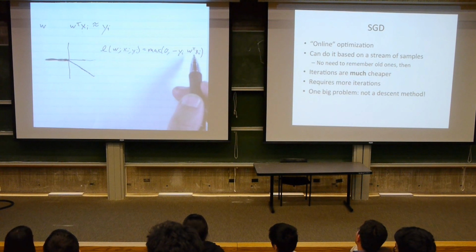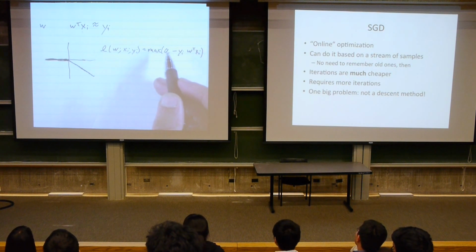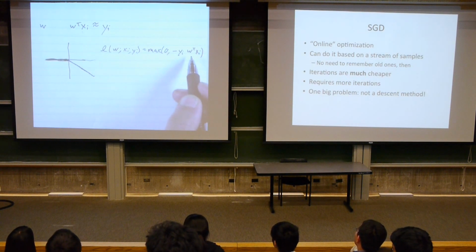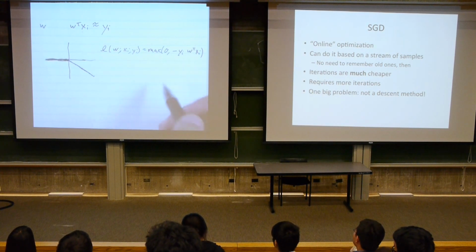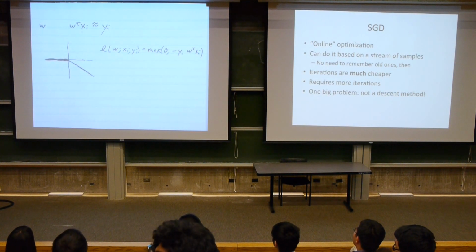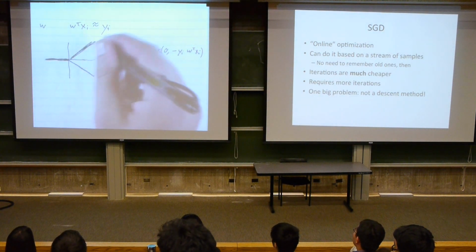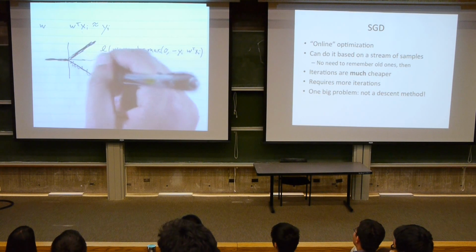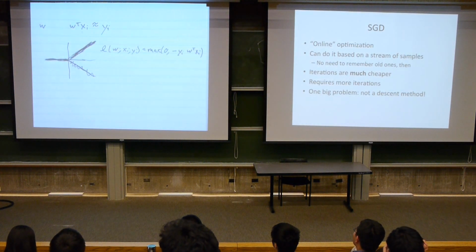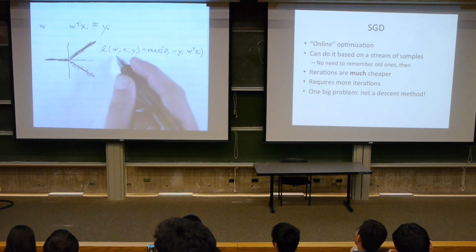So if you got the classification right, the loss is 0. If you got it wrong, your loss is basically w.x. I drew it wrong. The loss should be positive if it's bad. Sorry. The formula is right. Thanks. Okay, so that's our loss function.